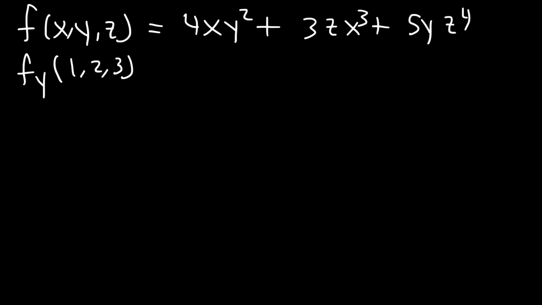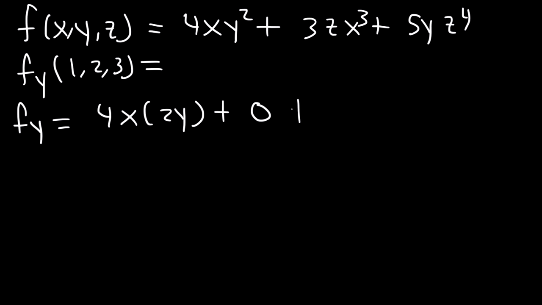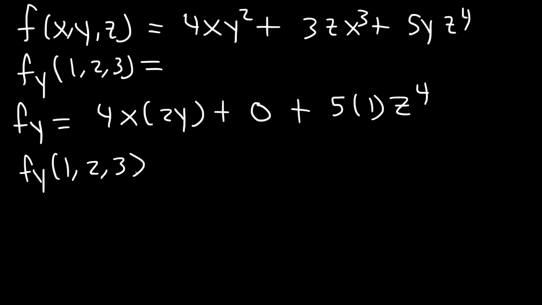So x is 1, y is 2, z is 3. Go ahead and try that. So first, let's find fy. So the derivative of y squared is 2y. The second term doesn't have a y variable, so the whole thing is a constant. That becomes 0. And the derivative of y is 1. So that's fy.